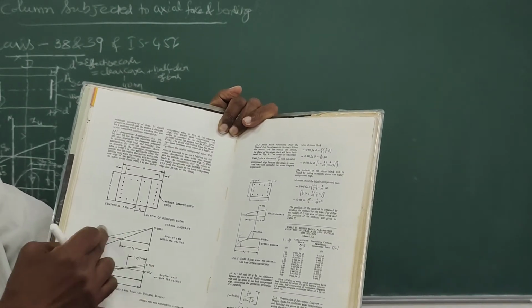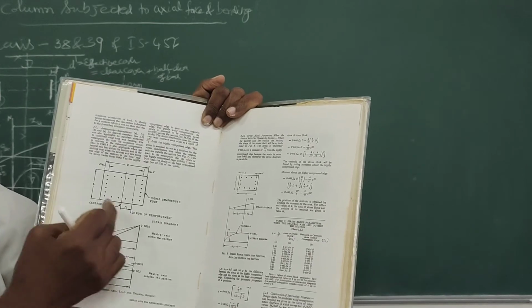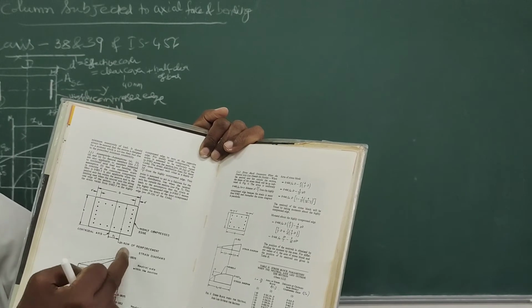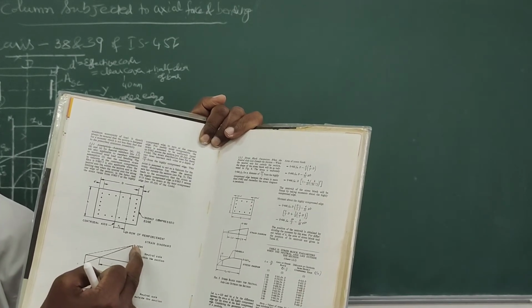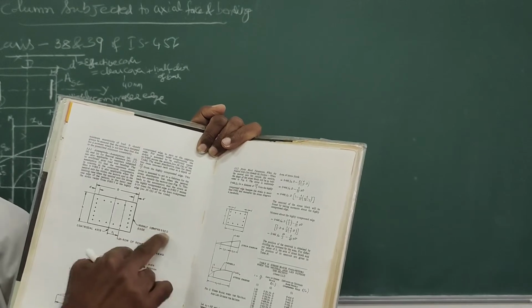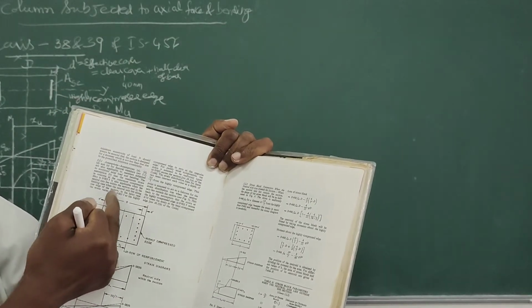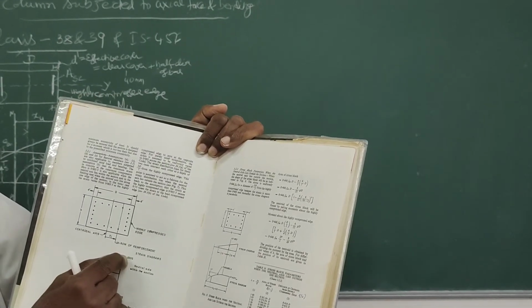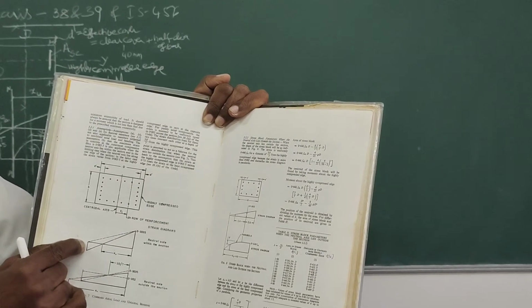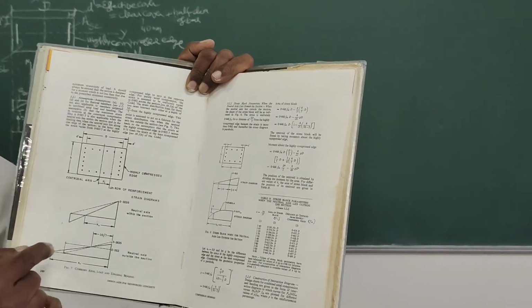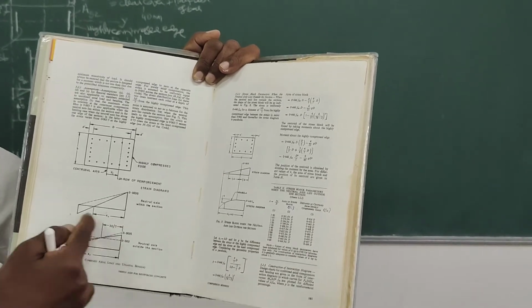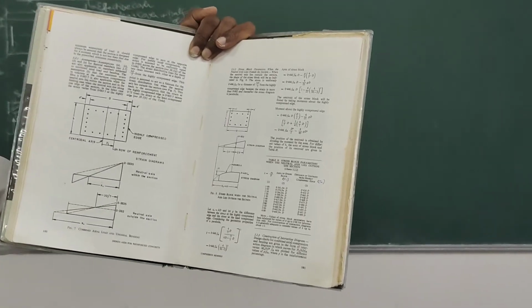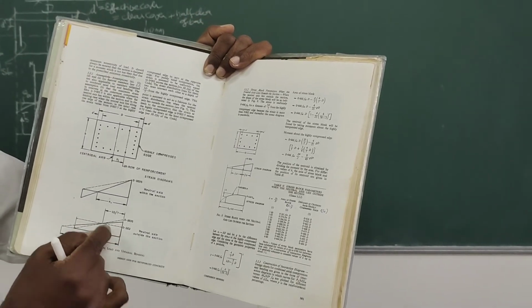This is the strain diagram when the neutral axis lies within the section. These complete lines, here 0.0035 at the highly compressed edge, they have marked here. This is the neutral axis when it lies within the section, and this dotted line corresponds to when the neutral axis lies exactly at the other edge. And this is when the neutral axis lies away from the section. That is also given here, similar to whatever I have drawn. This is that full line.